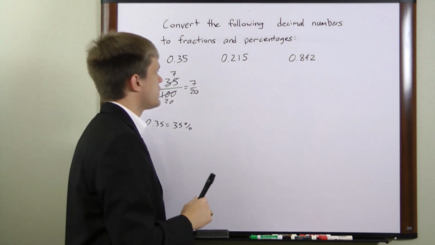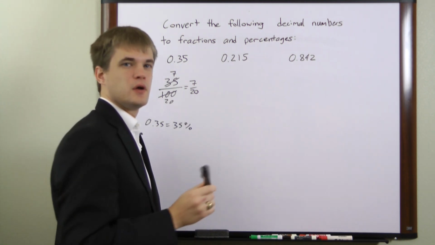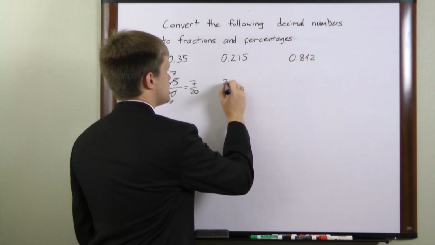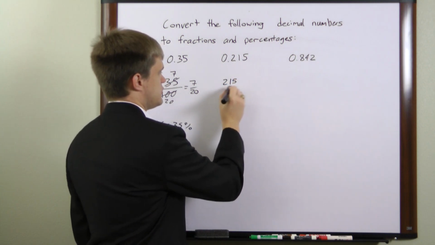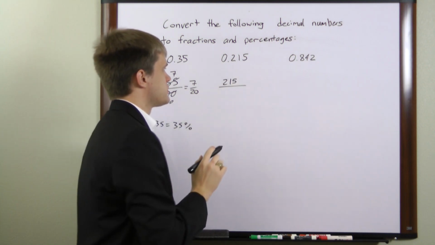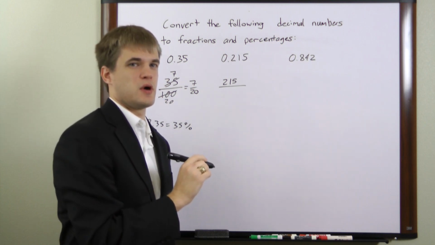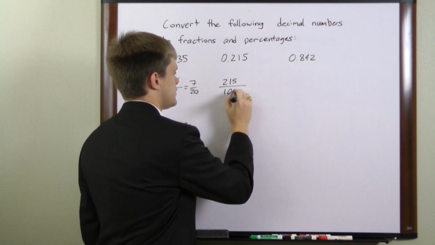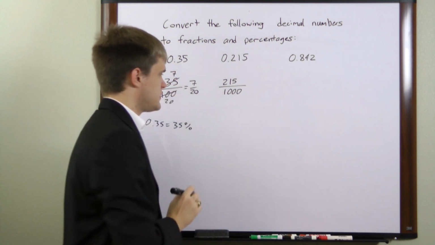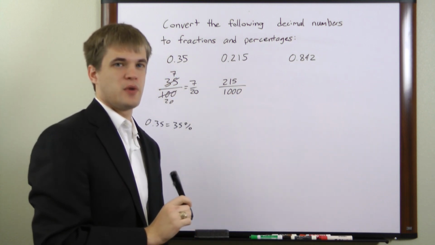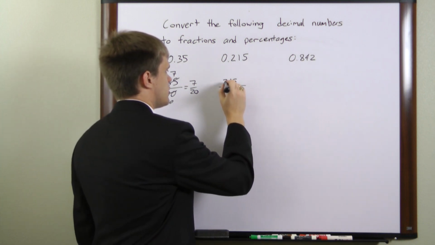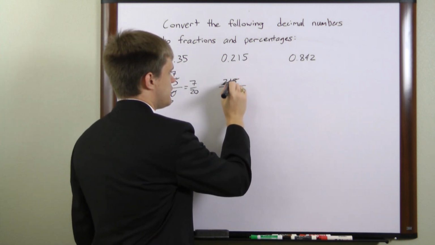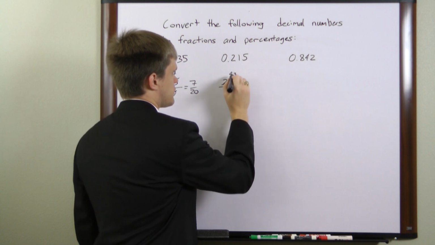In the second example, we have 0.215. Once again, we'll write 215 as our numerator. The rightmost digit is 3 places to the right of the decimal, so we will write 3 zeros in our denominator. 215 over 1,000. We can divide top and bottom by 5, so 215 over 5 is equal to 43.